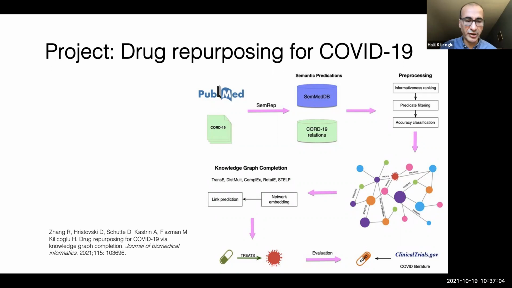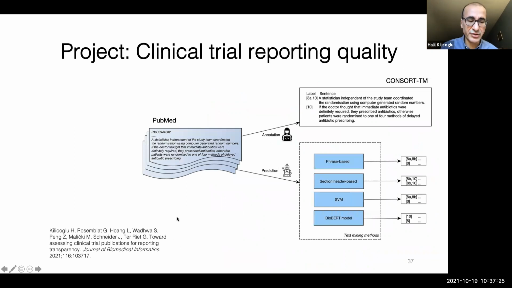These are machine learning methods to identify drugs that exist that have not been used for COVID-19, but could be useful for COVID-19 based on the patterns that we observe in this graph. And we wrote a paper about it. So that's another kind of research that we've done recently.